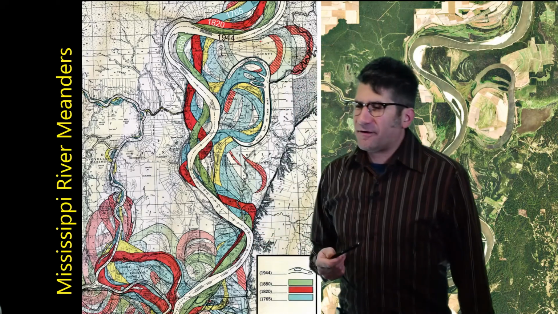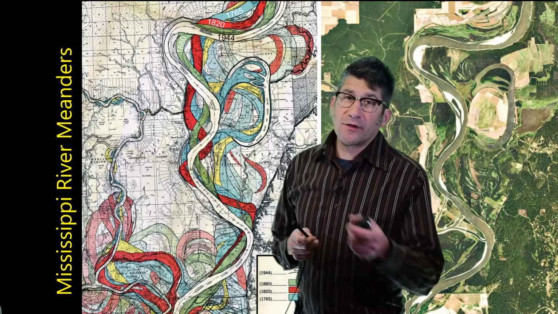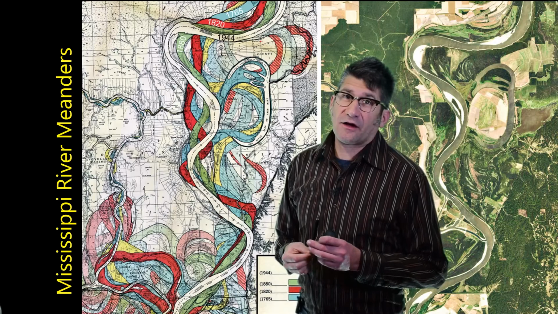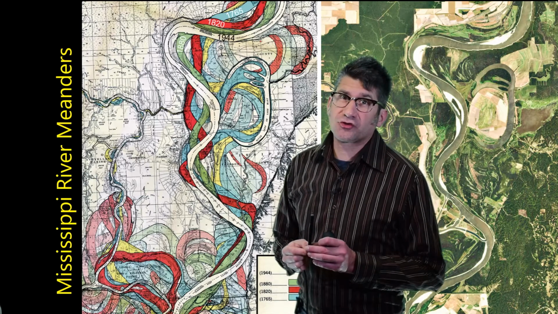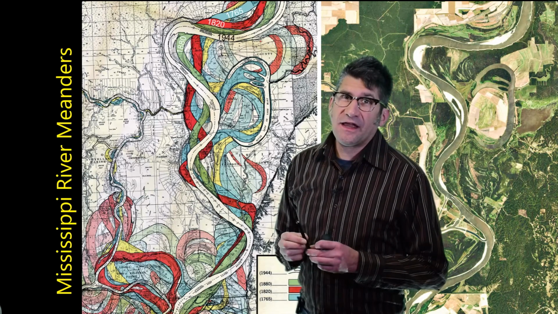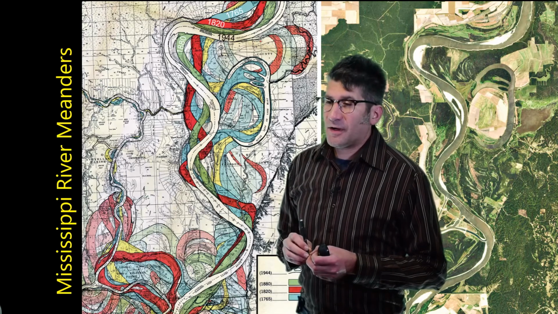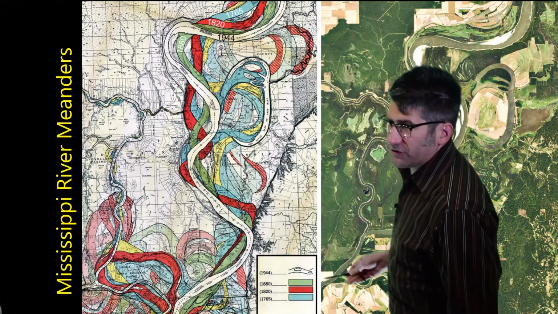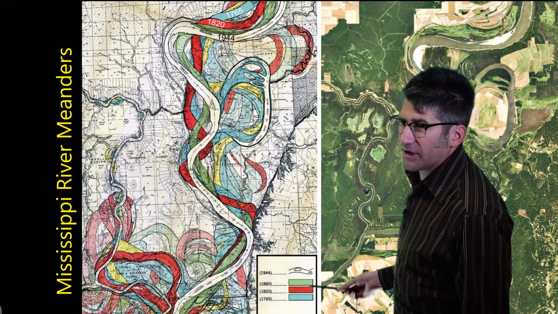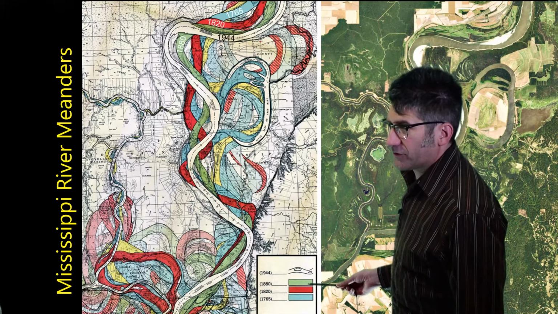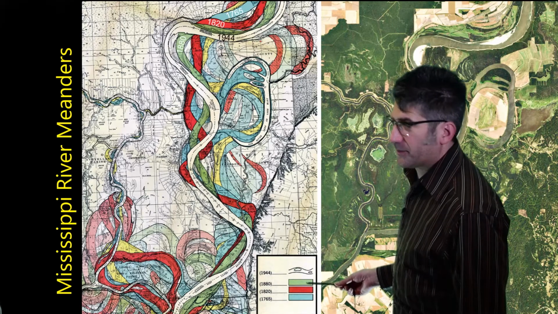Keep your eye out for meanders. This is going to be really important for understanding our next lecture, which is going to be The Control of Nature by John McPhee and the Atchafalaya River. What this image is showing is a mapping of different meanders and different channels of the Mississippi River over time.